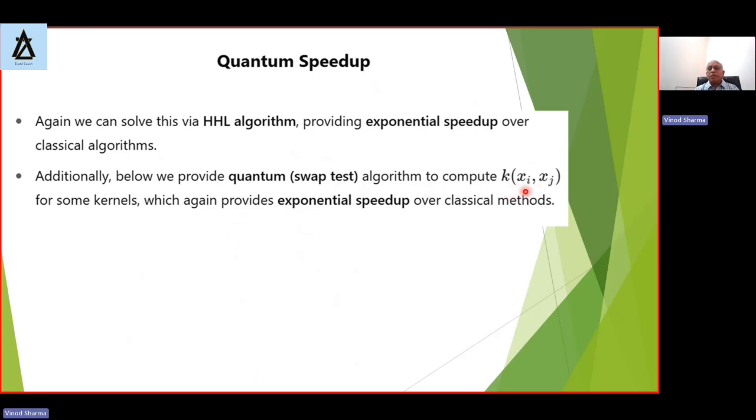Remember, for the kernel methods, this is what we use on the training data to get the linear system of equations. Now, we provide a quantum algorithm, called the swap test, which can compute these quantities for certain kinds of K, for example, many of the polynomial kernels, which will provide the speedup over classical methods. So now we present this quantum swap algorithm.